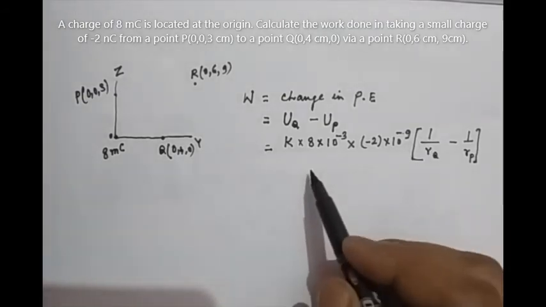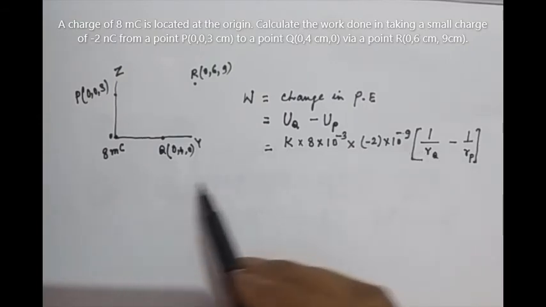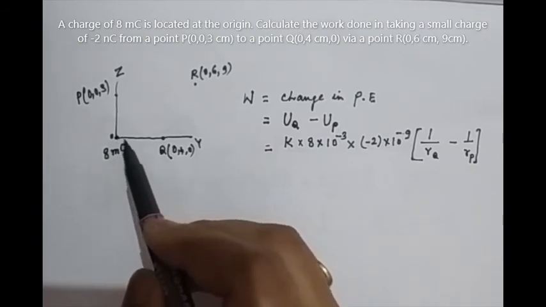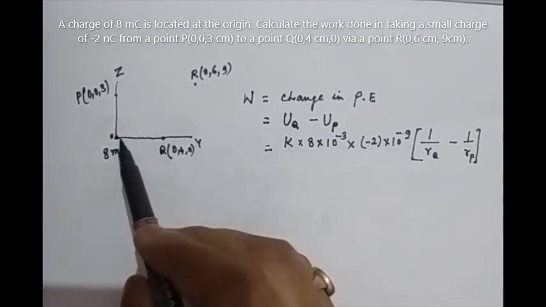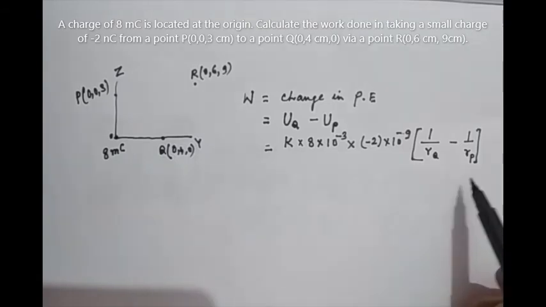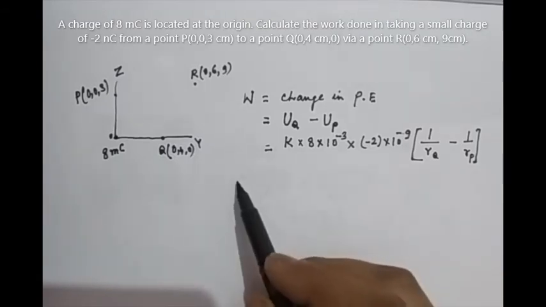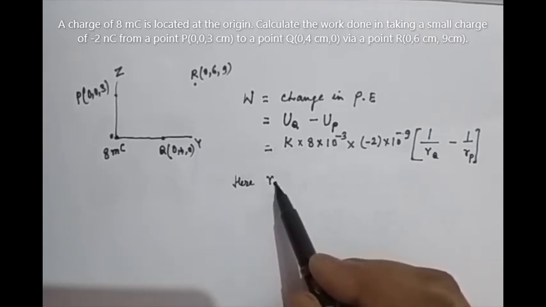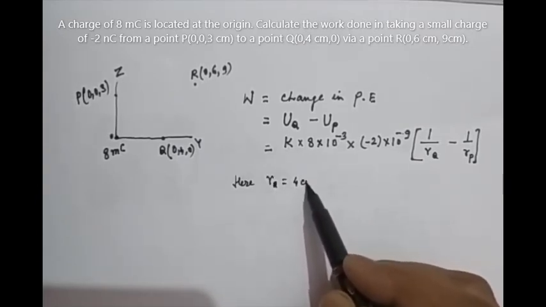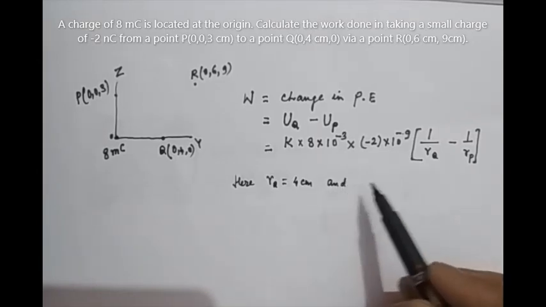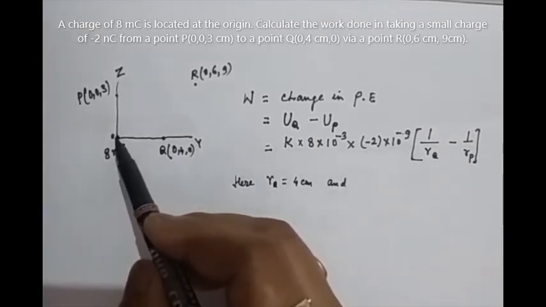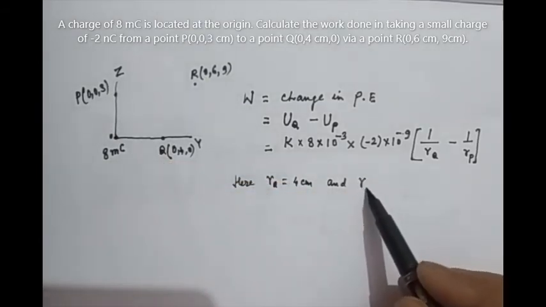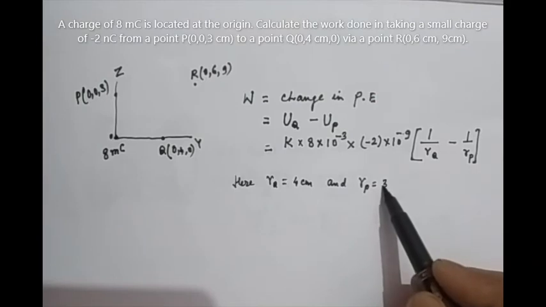Here RQ means the distance between the charge and point Q, which is 4 centimeter. So here RQ is equal to 4 centimeter, and RP, distance of this charge from point P, is equal to 3 centimeter.